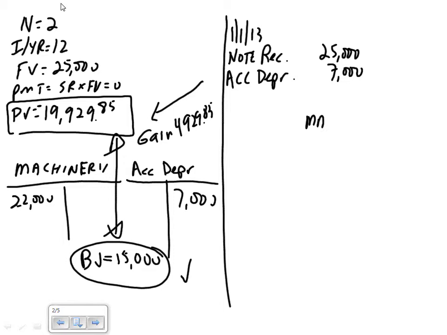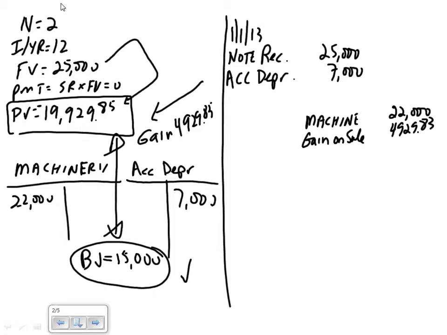And here's the machine, and the machine is going to be $22,000. And you remember I have that gain on sale of machine, and that's $4,929.85.